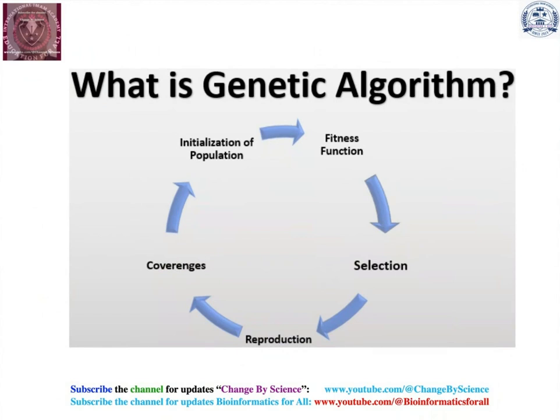For example, if we are talking about gene regulatory networks, then immediately you will ask yourself how many gene regulatory networks we are supposed to simulate: 10, 20, 50, or 100. Or if you are going to simulate cells, how many cells you are going to simulate. So the initial population you need to declare first. That is called population initialization.